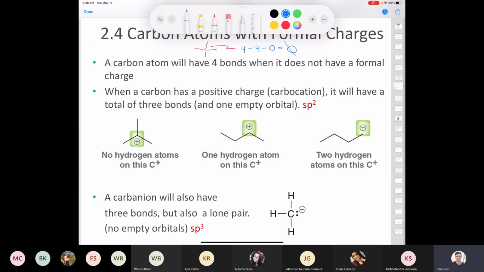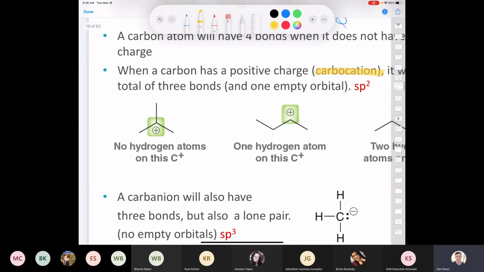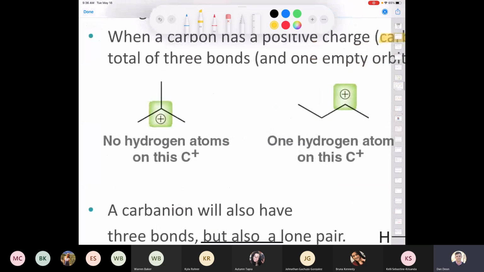But when carbon has a positive charge on it, we call it a carbocation. It's going to have 3 bonds, and it will be sp2 hybridized, which means it has an empty p orbital. So if we take a look at this bond line structure here on the far left, you see that we have a carbocation here.